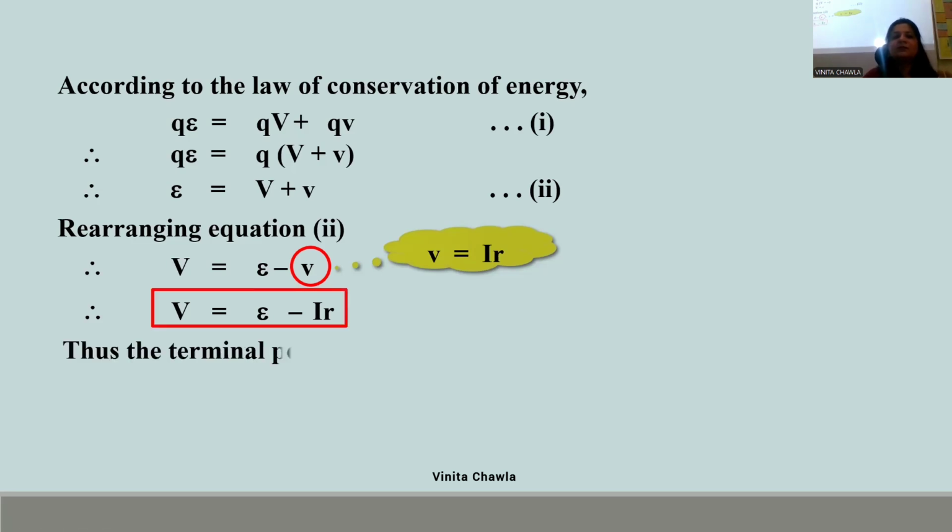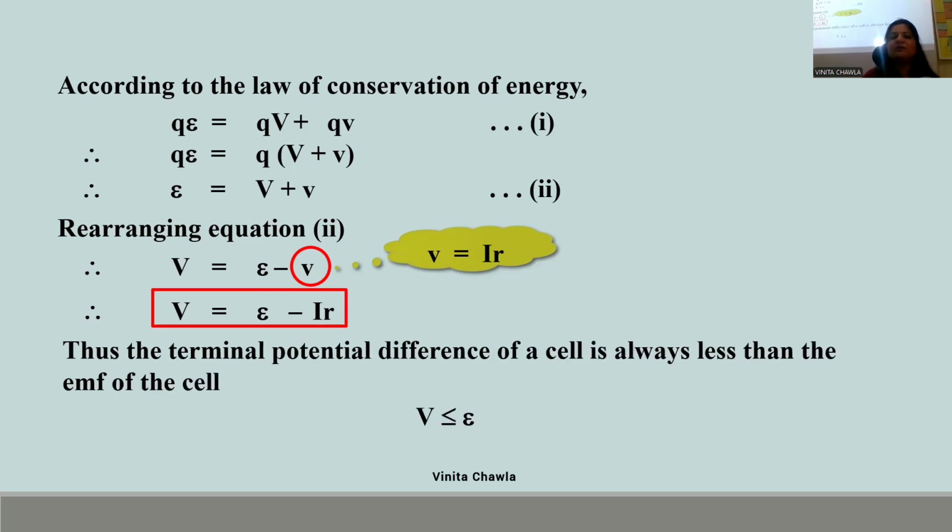So thus the terminal potential difference of a cell is always less than the EMF of the cell. We can see we are subtracting something from the EMF of the cell, only then we are getting this terminal potential. है ना? We are getting terminal potential difference by subtracting a quantity I into small r from EMF of the cell.